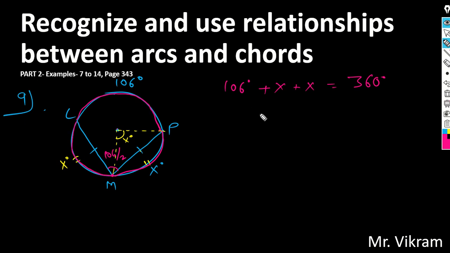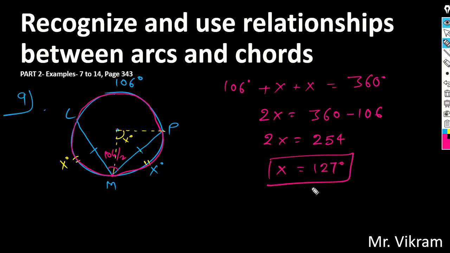So now it's easy. 2x is equal to 360 minus 106, and now you can solve this. 360 minus 106 will give you 254, and divide by 2 will give you 127. x is equal to 127 degree. That's your answer.